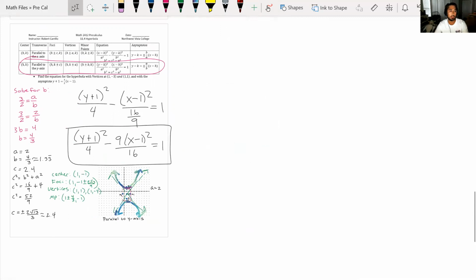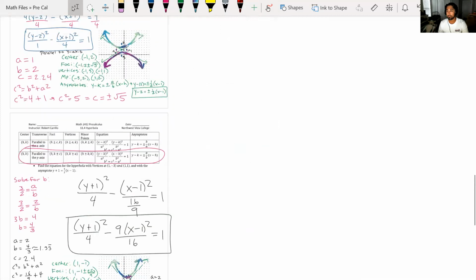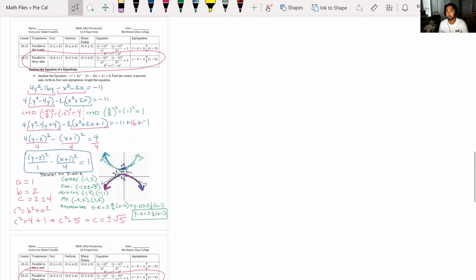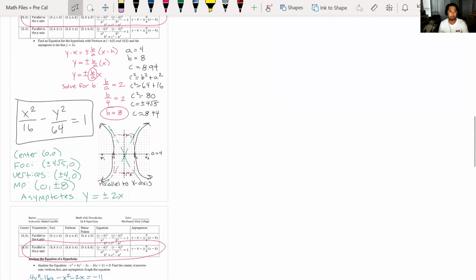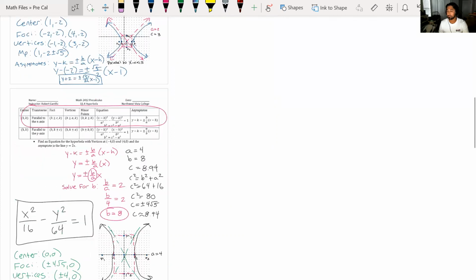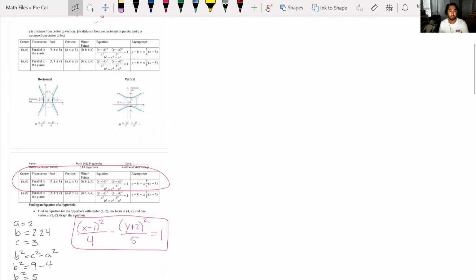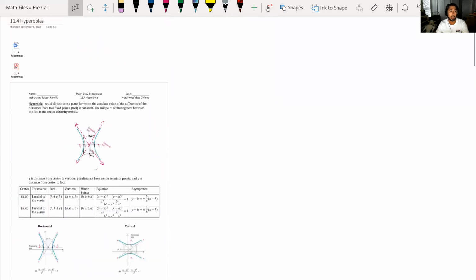Once again, know the information it's giving you, know how to use it, know what equation it belongs to, just know how to work all the pieces overall. Nothing too different from the methods we did on parabolas and ellipses, hyperbolas, same exact methods. Just know the pieces and know where they fit in the equations. Okay, that's it. Hyperbolas.